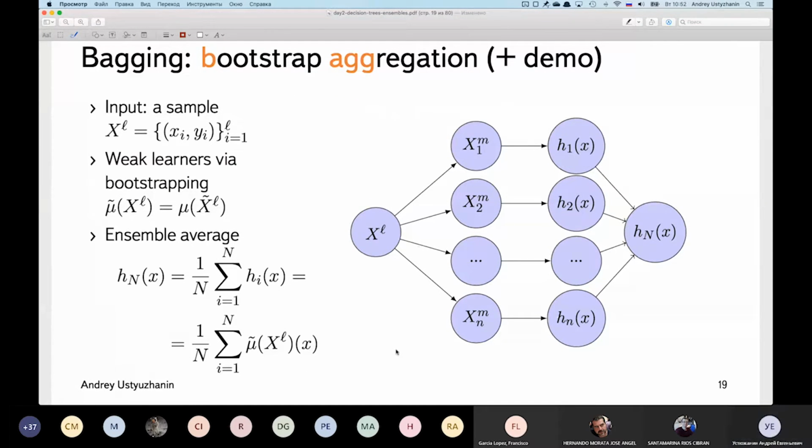So based on this bootstrapping, we can add an aggregation, and we get an algorithm that is called bagging. It is essentially what I described before.